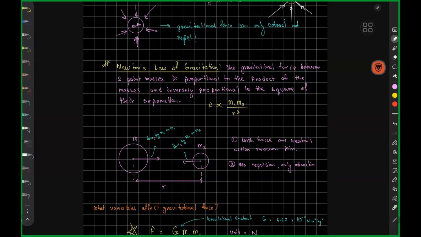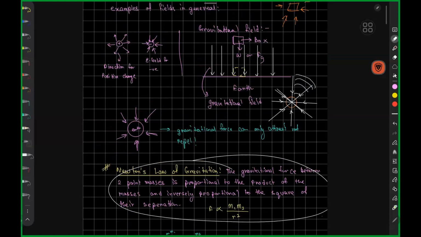Now, in the case of force, it is the net amount of force acting on any object. When you find it using this formula, it gives you the net force on an object due to the gravitational field.